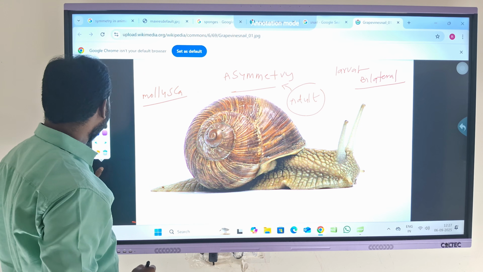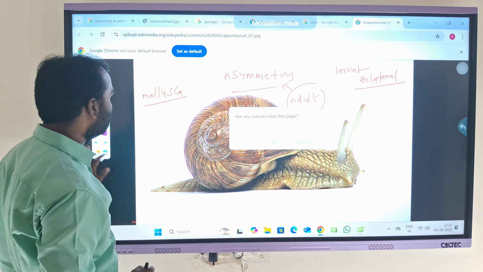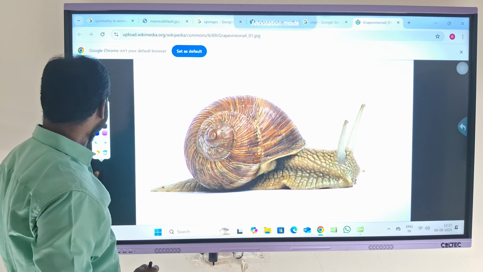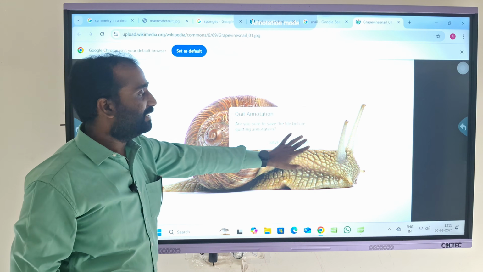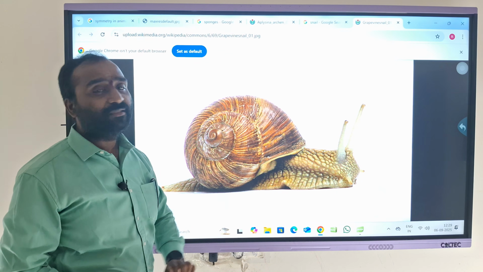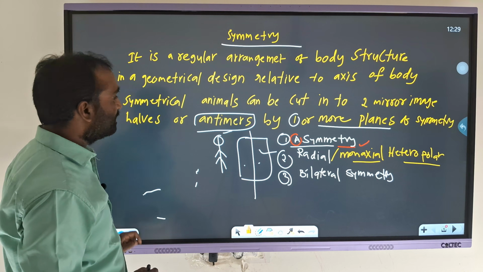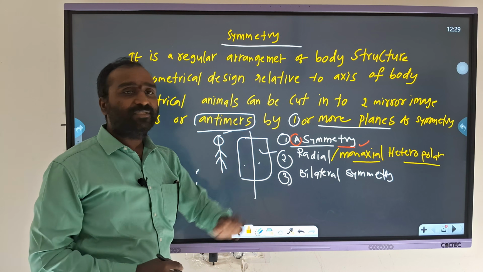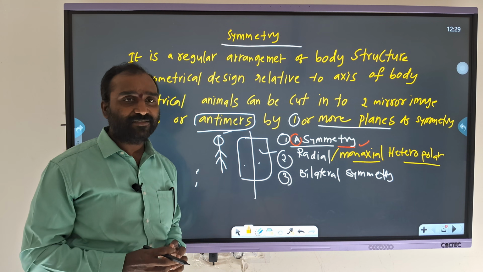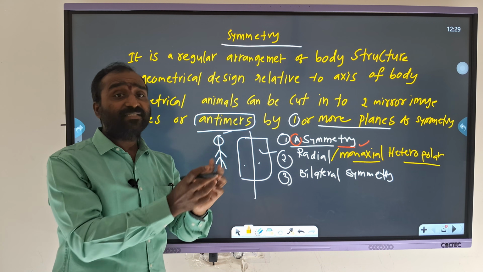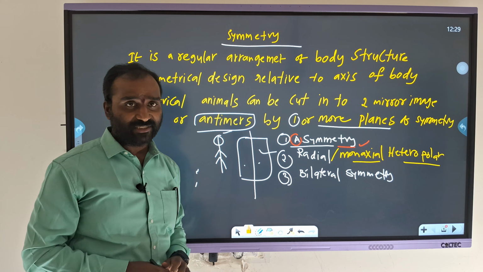Okay, next we'll move on to radial symmetry, right? Next one is radial symmetry. Then what about radial symmetry? Radial symmetry is exhibited by the organism based on monaxial heteropolar symmetry, as we discussed.